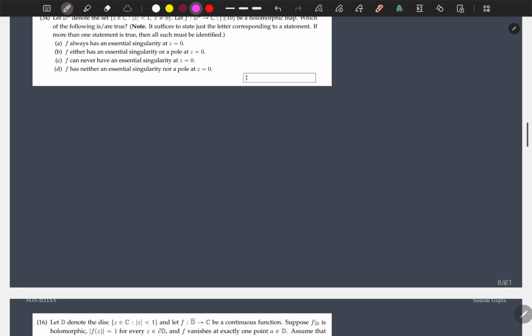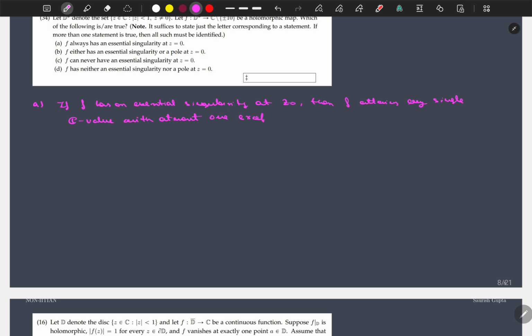Option A can be treated in this way: we know that if f has an essential singularity at z naught, then f attains every single complex value with at most one exception.